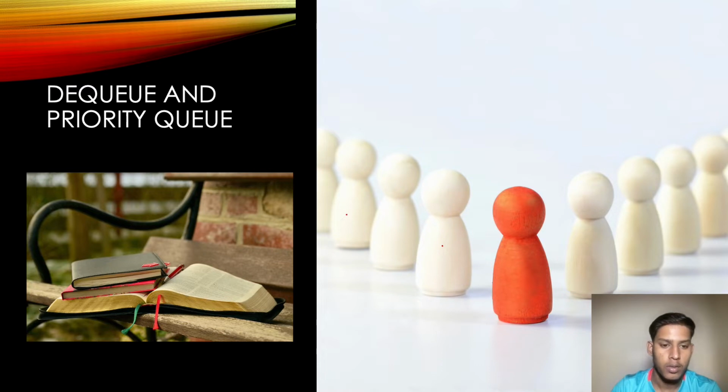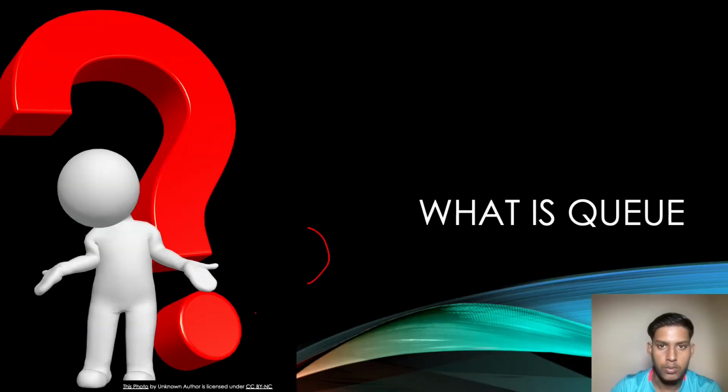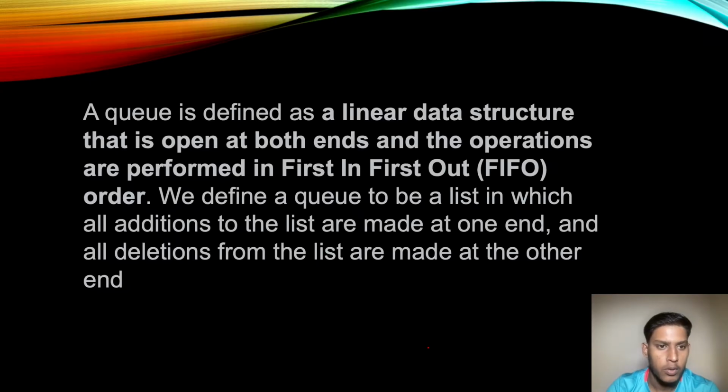Now, what is a queue? A queue is defined as a linear data structure that is open at both ends, and the operations are performed in first in, first out order. It follows the FIFO principle.